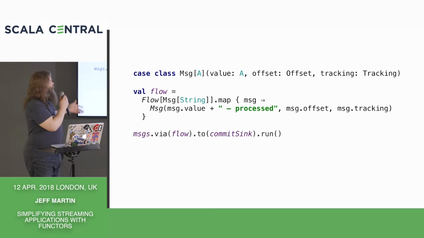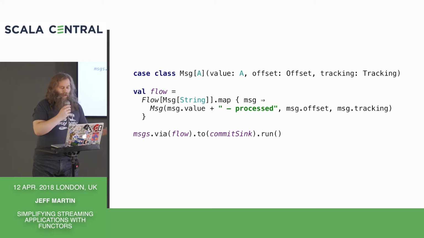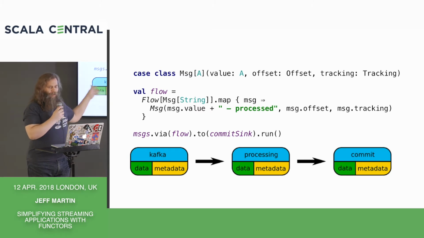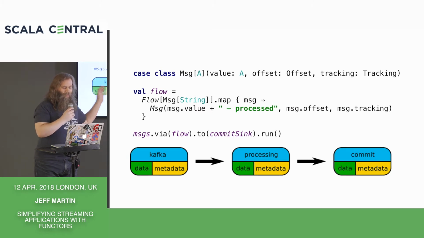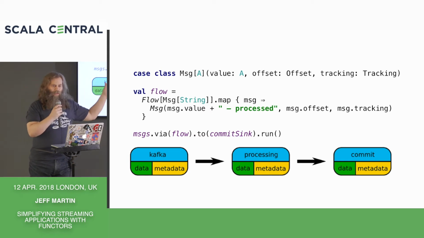If we want to execute this, we go from messages, we pass them via this flow, and then we pass them to the commit to be sent to the database, etc. So what we have is, again, data and metadata. We start off with the from Kafka, data and metadata, processing, data and metadata, and commit, data and metadata.